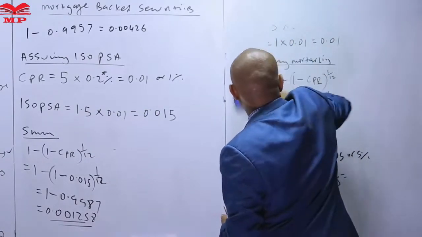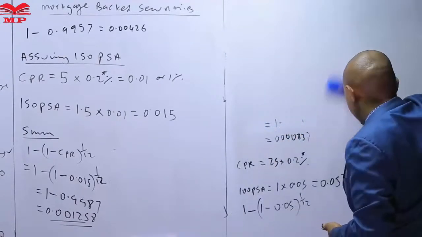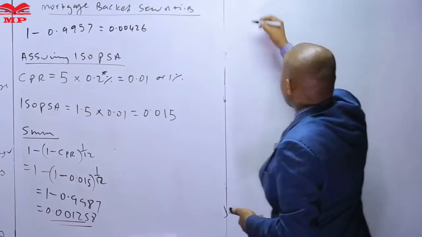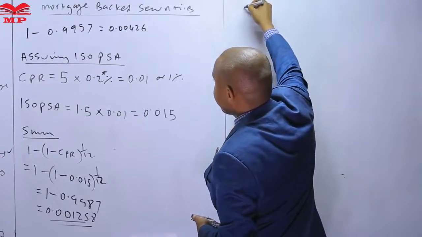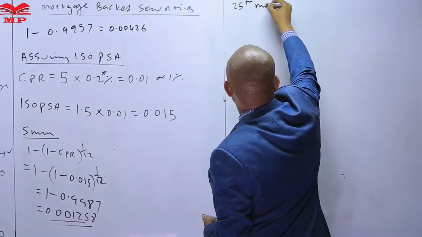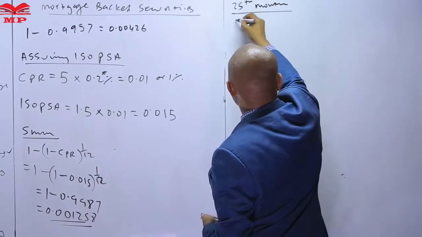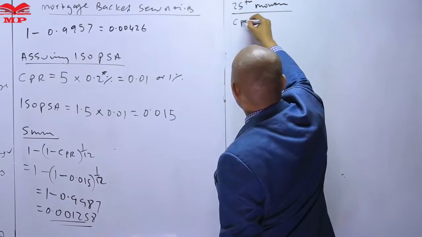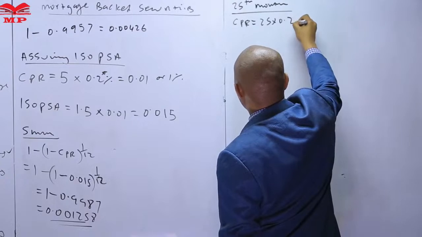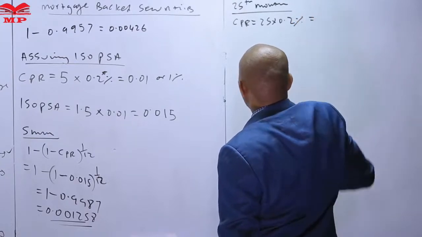Finally, for the 25th month, the CPR is just 25 times 0.2 percent. How much do we have?